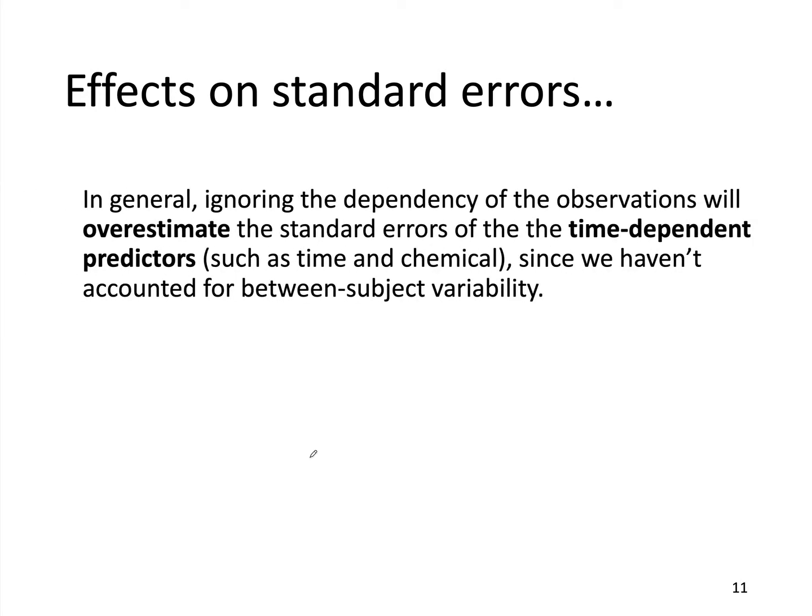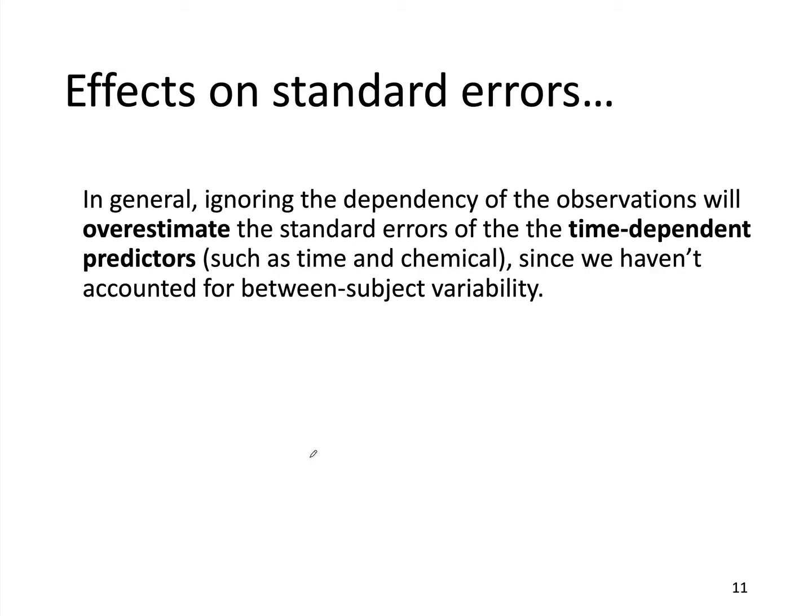So the standard errors are where the problem comes with the dependence, and when you have a lack of independence between observations, our standard errors will be too small. Intuitively, this makes perfect sense.